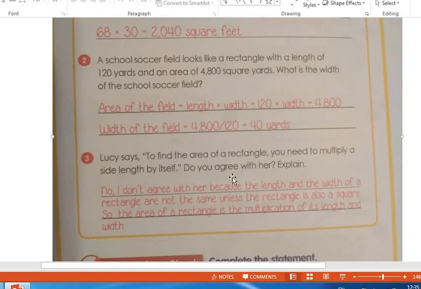But do you agree with her in all? No. Why? Because in the rectangle, I multiply length times width. So I don't agree with her totally, because the length and the width of the rectangle are not the same, unless the rectangle is also a square. So the area of the rectangle is the multiplication of its length and width, unlike the square, it's side by side.